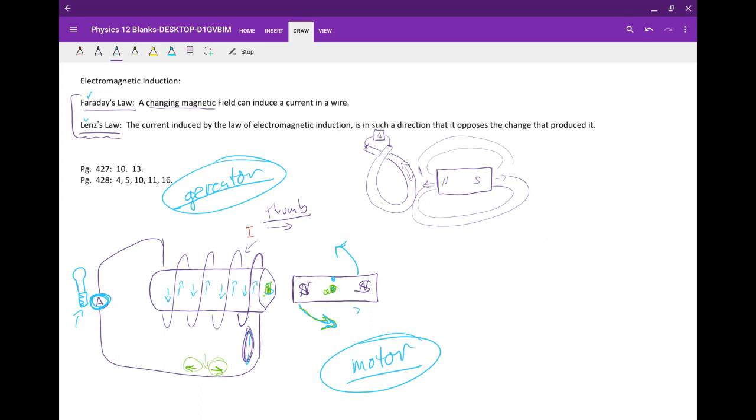Or if you push a current through a wire, you can push around magnets the other way around. And together, that is called electromagnetic induction, or the motor principle, or the generator. Sometimes a generator is called a dynamo. That's one of the first words for it. And there you have it.